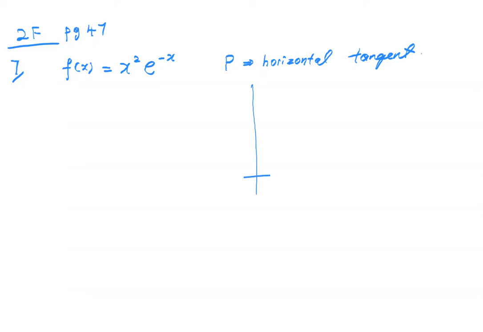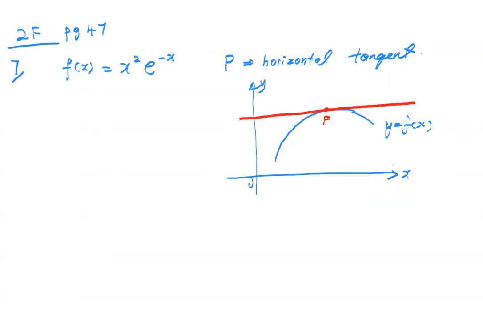When you say a curve, for example, this is my y equal to f(x). I will illustrate horizontal tangent for you to see. So this is my point P, correct? The tangent that is parallel to the x-axis is called a horizontal tangent.